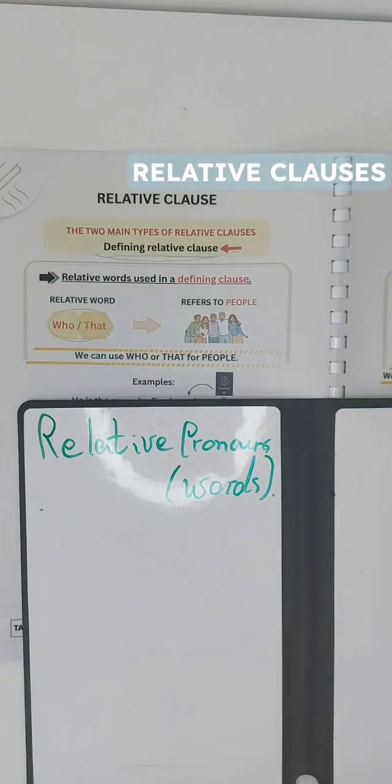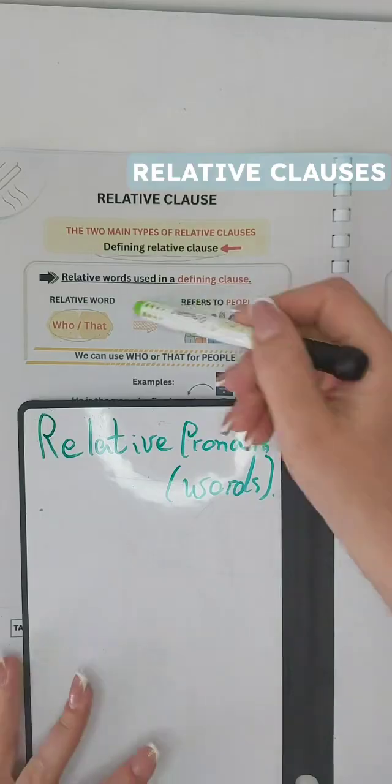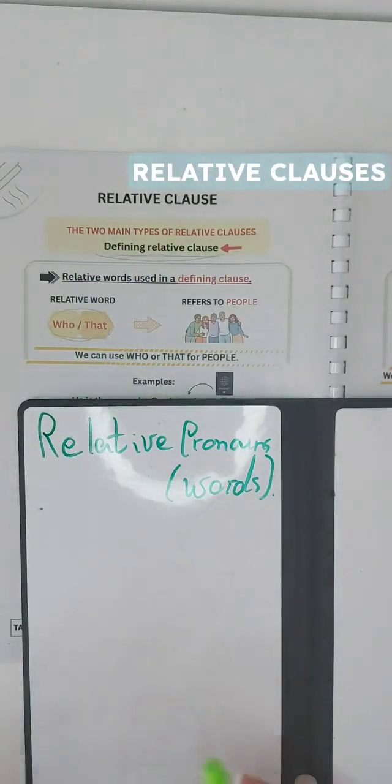Who or that. We can use these two words only in a defining relative clause, when a sentence provides essential information.